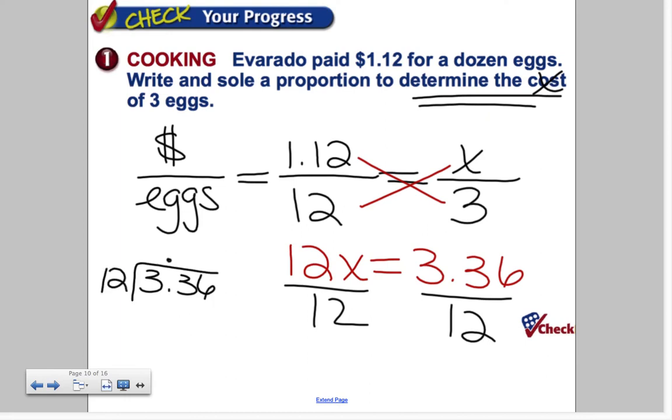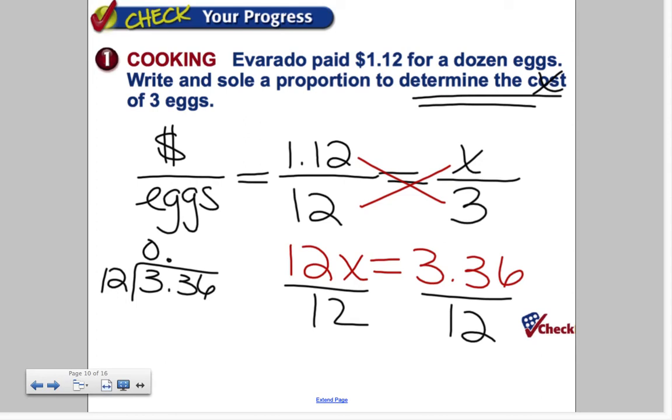How many times does 12 go into 3? 0. 12 goes into 33. How many times? 2. You can't do 3. That's 36. Now we're doing 36. You got 0.13. Okay.